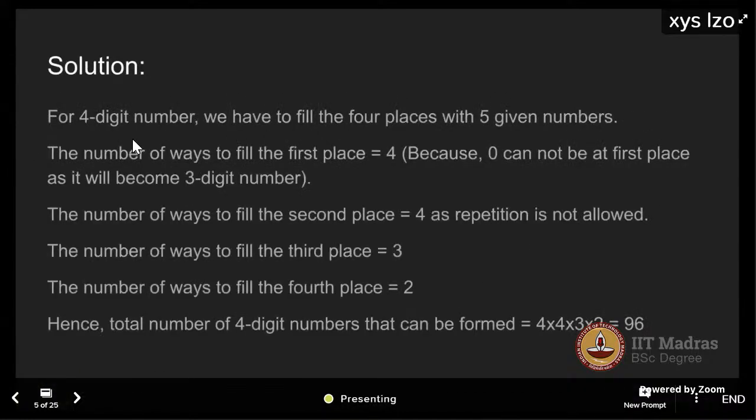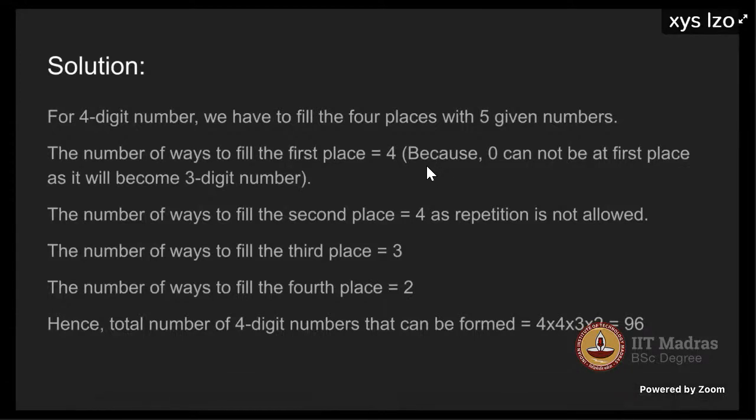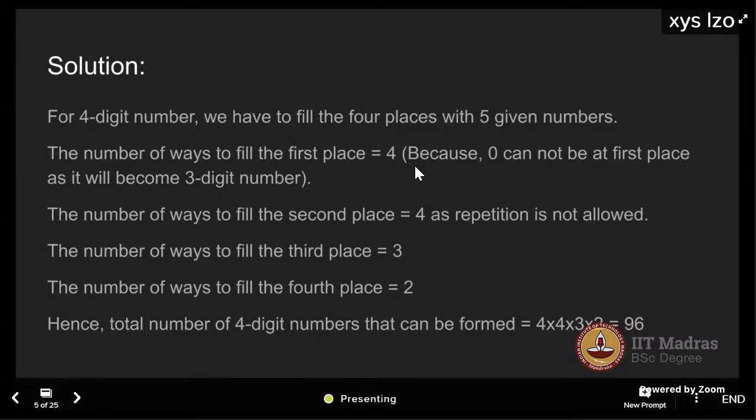So see, you have to make a 4-digit number. So we have to fill those 4 places with the 5 numbers, right? But the first place cannot be 0, because if I write a number as 0, 1, 2, it will be a 2-digit number, not a 3-digit number. So in this case also 0 cannot be at the first place. So I can fill the first place with only 4 of these numbers.